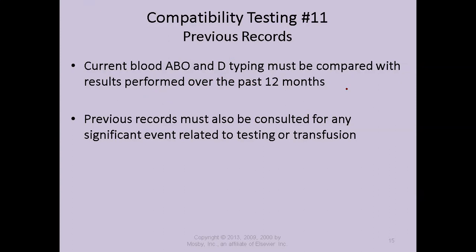Previous records must also be consulted for any significant event related to testing or transfusion. If we have a patient who maybe was in our hospital a few months ago and had a transfusion reaction, that's important information that's going to impact how we handle their testing this time around, because they may have developed an antibody, and so we have to take that into consideration.